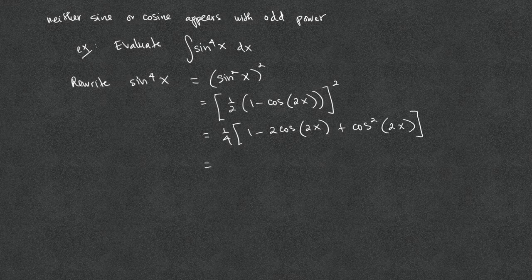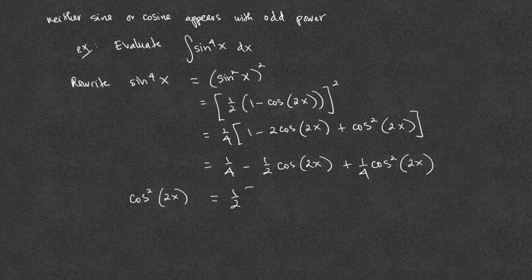This is 1/4 minus 1/2 cosine of 2x plus 1/4 cosine squared of 2x by multiplying 1/4 inside the bracket. But cosine squared of 2x can be reduced to 1/2 times the quantity 1 plus cosine of 2 times the angle, and the angle is 2x.